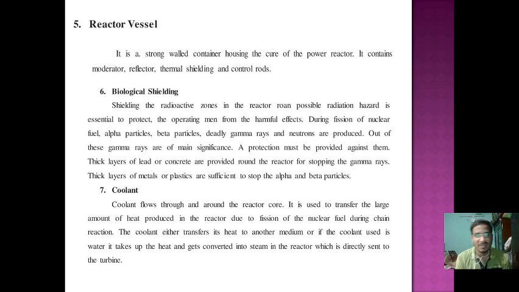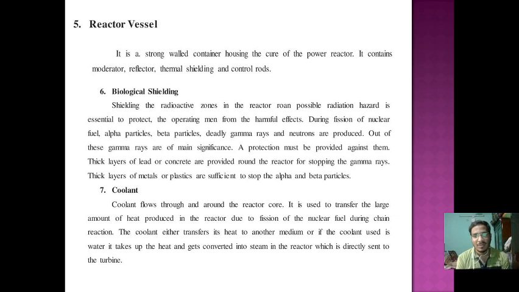These gamma rays are of main significance, and protection must be provided against them. Layers of lead or concrete are provided around the reactor.